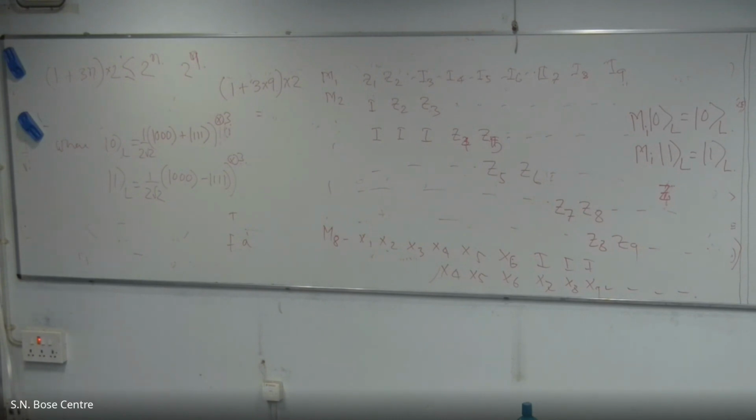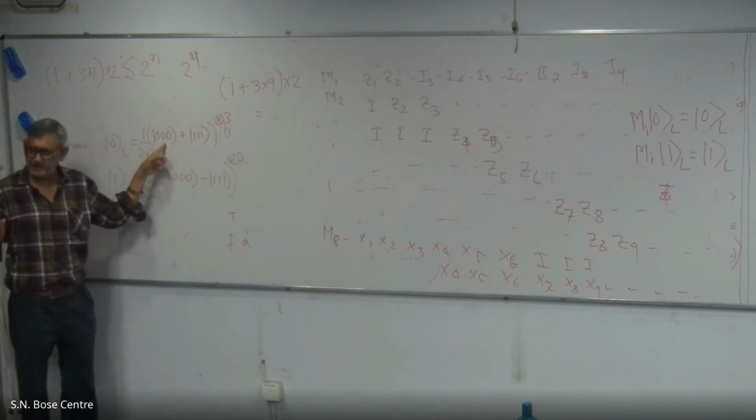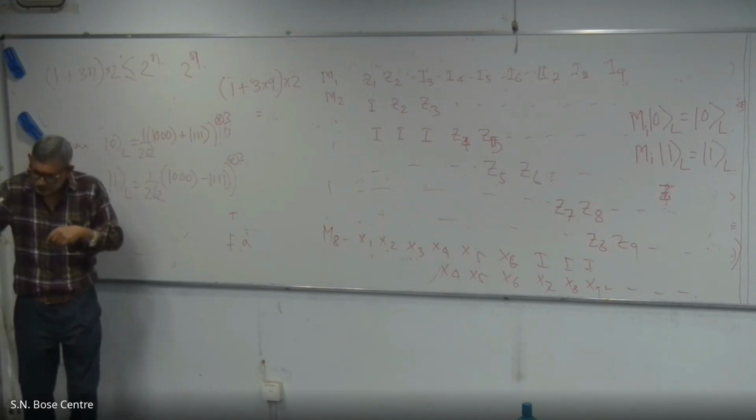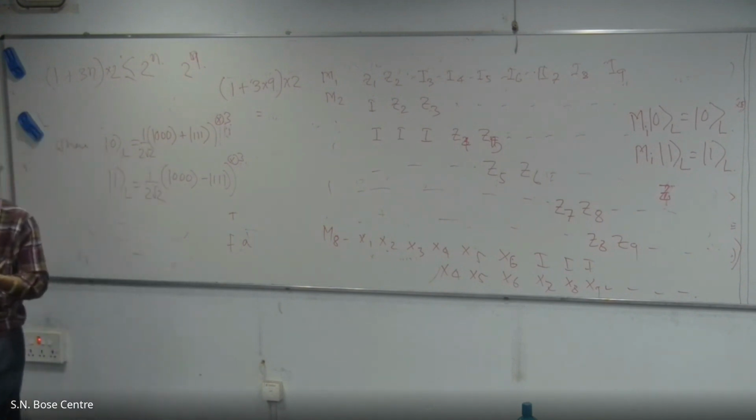For this case, there is degeneracy. In each block, for the first three, 1, 2, 3, the Z error is the same. 4, 5, 6, the Z error is the same. 7, 8, 9, the Z error is the same. So you can correct any one. We don't actually know which qubit has suffered the error, and you need not, because it is the same.